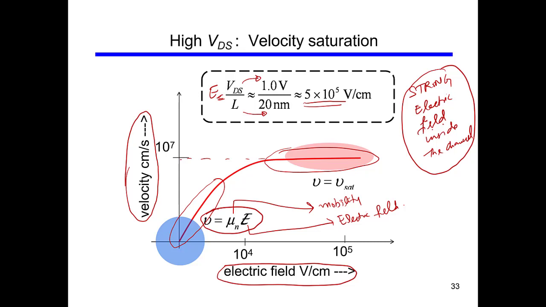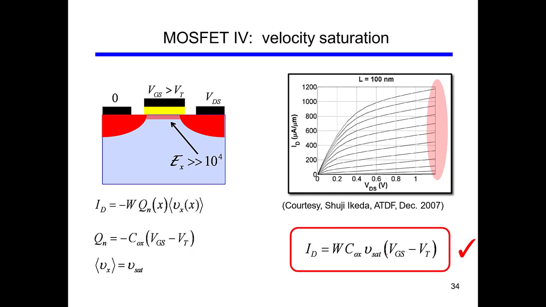This explains why pinch off does not occur. The velocity saturates at a constant value and there is no current saturation.